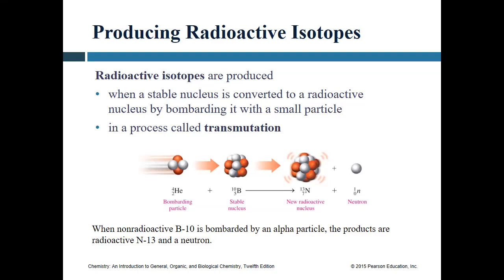If you look at the periodic table, the ones that have parentheses around their atomic masses are synthetic elements. They have no naturally occurring isotopes whatsoever, radioactive or stable. So americium and californium, mendelevium, nobelium, all those are synthetic. They were made in a laboratory. And this is how it was done.